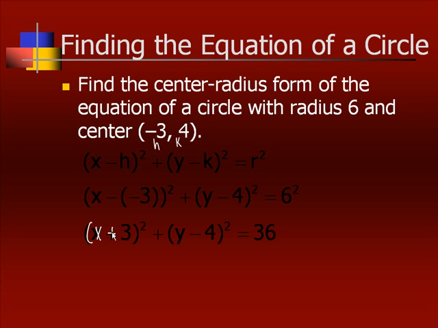Simplifying that will give us (x plus 3) squared plus (y minus 4) squared is equal to 36. Now because this is center-radius form, we do not need to multiply all that out.